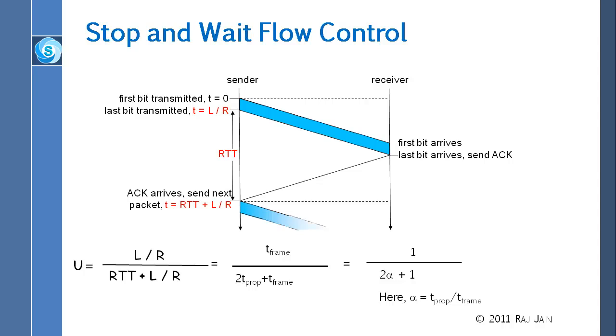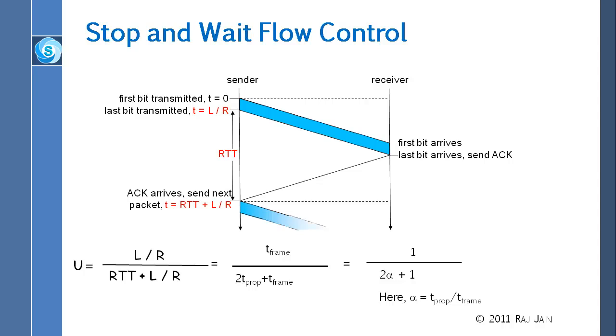This is a very important formula, because alpha, which is the ratio of prop to frame, is a very important parameter, and we will be using it quite a bit. And remember, this is always prop to frame. So prop is on the top and the frame is on the bottom. You calculate the ratio, and that alpha value will determine the efficiency of the protocol, and this is actually coming up in a minute again.